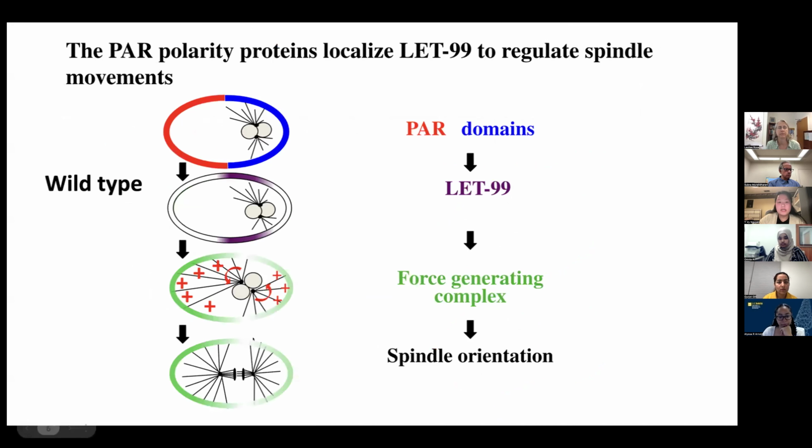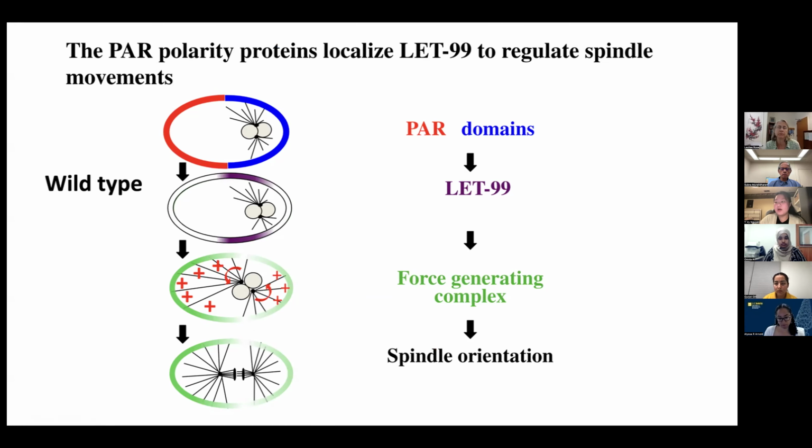Where LET-99 is, there is no force generating protein at that location, and the force generating complex is shown by the green color. You see right here there's none of that, and this leads to a higher level of force generation complex on one side. This is the end result of the normal spindle orientation to have asymmetric division.